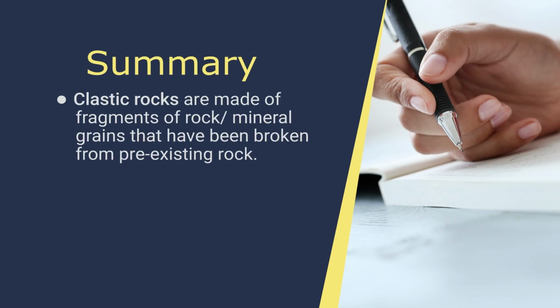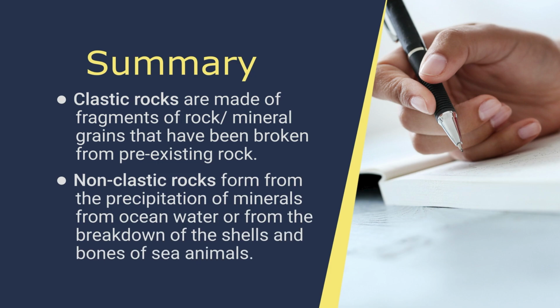So, learners, let us summarize what I have discussed today. I have discussed the clastic rocks, which are made of fragments of rocks or mineral grains that have been broken from pre-existing rocks, and the non-clastic rocks, which form from the precipitation of minerals from ocean water or from the breakdown of the shells and bones of sea animals.